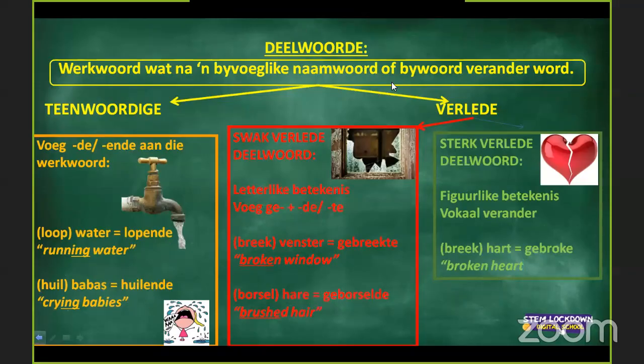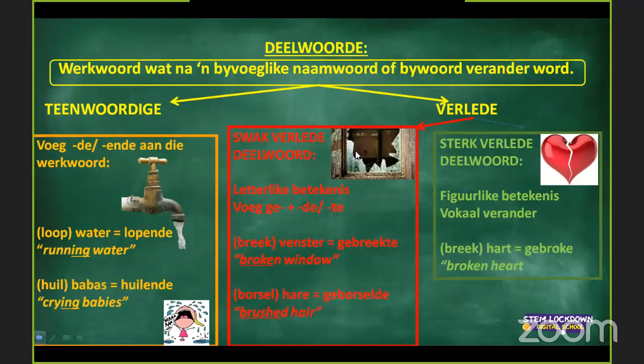If we have a look at the verlede deelwoorde, right, the past participles, we have a swak verlede deelwoord and a sterk verlede deelwoord. I'm quickly going to go through this because we only have 5 minutes left. 'n Swak verlede deelwoord, we add ge plus te at the end of the word.